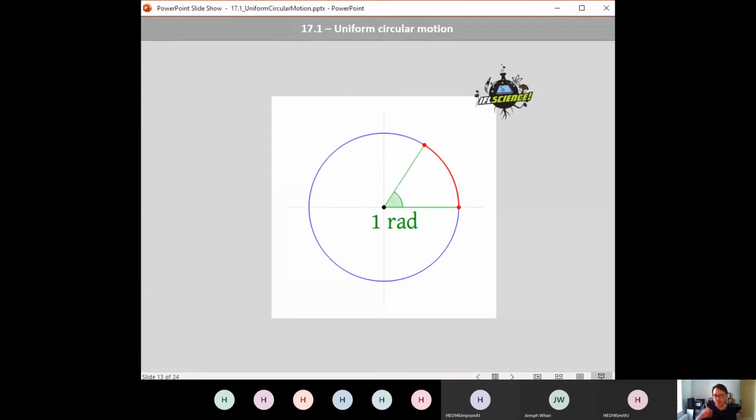And the angle that you have that is equal to the, sorry, let me get this right. So 1 radian is the angle that is equal to the distance subtended around a circle that's equal to the radius. And there are pi radiuses subtended around half of a circle.